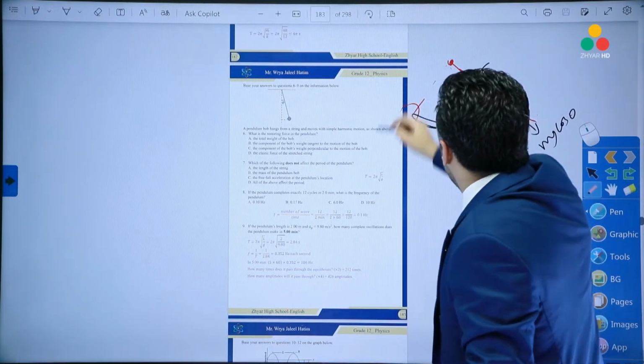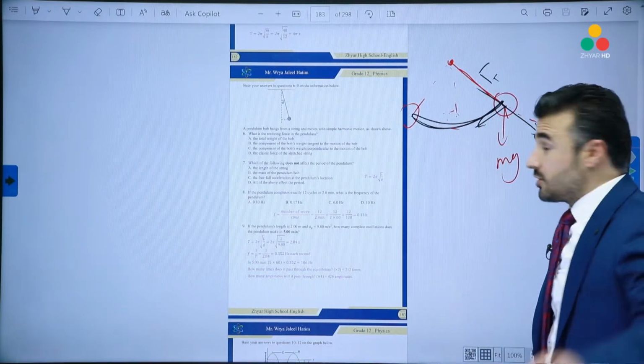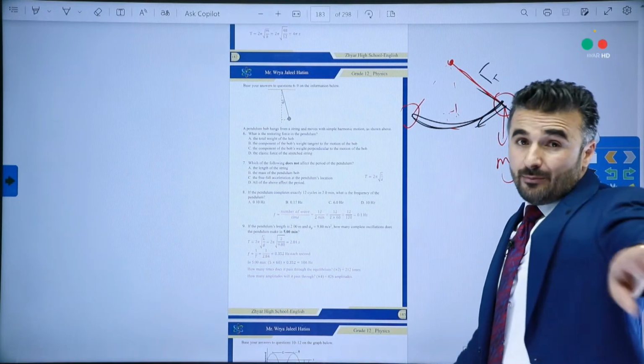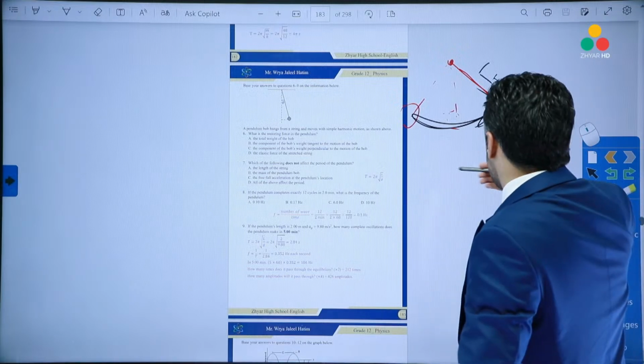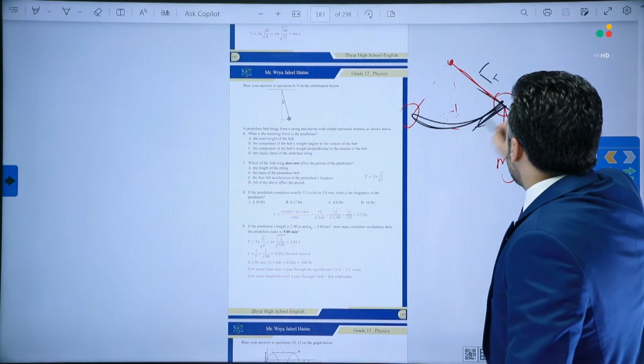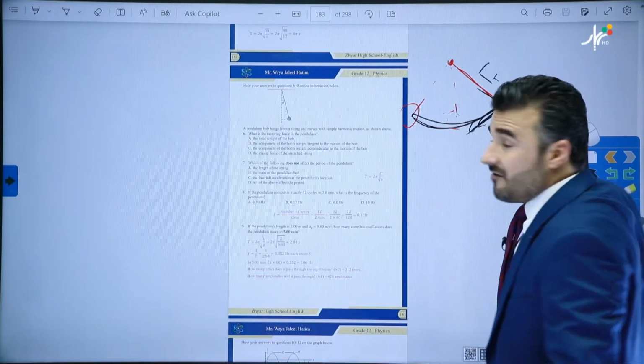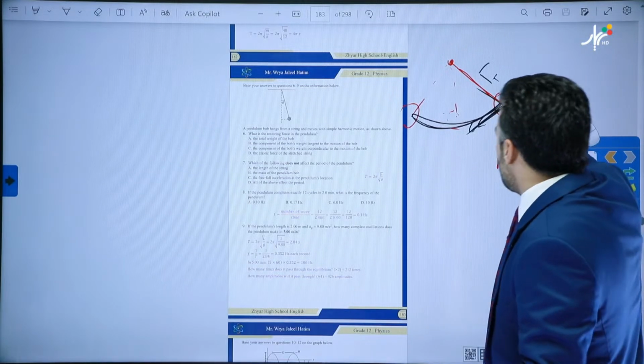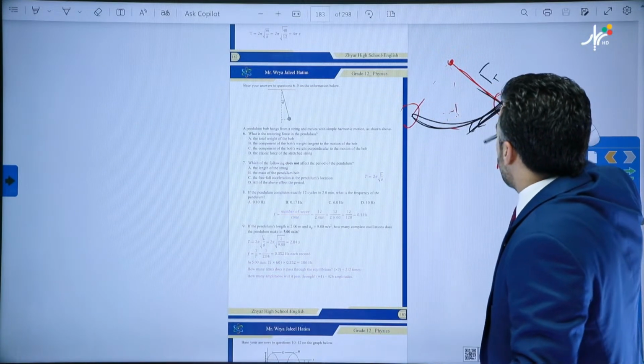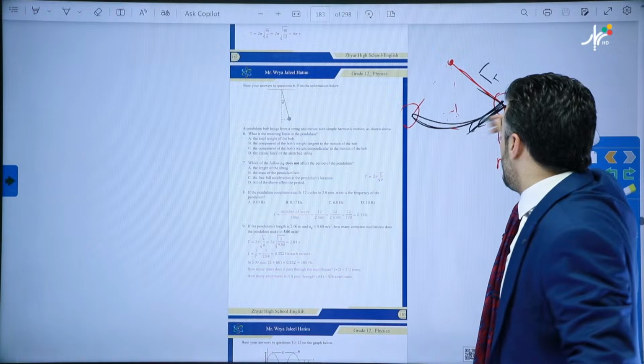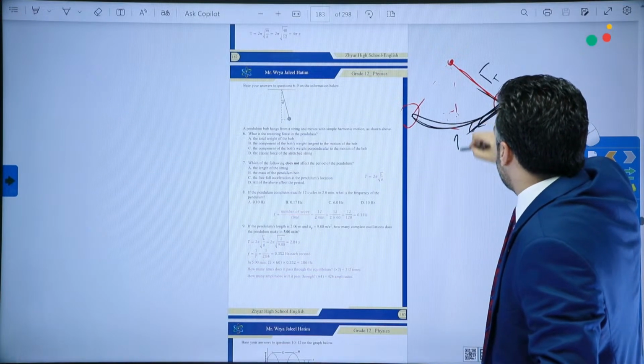If this is, let's say, the path, or the circle, the curve where the bob is moving on, the circular path, then this component of the gravitational force, which is tangent to the circle or to the path, would restore the bob back to the equilibrium position.